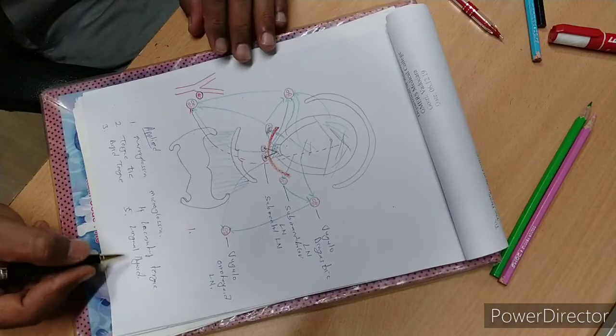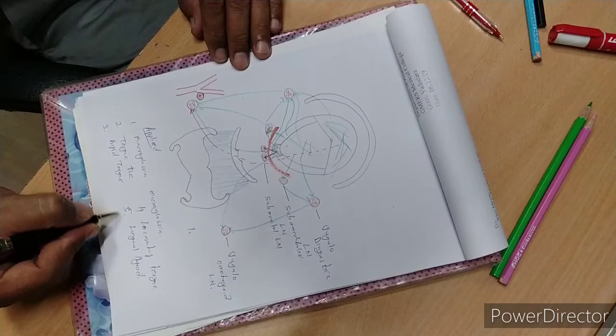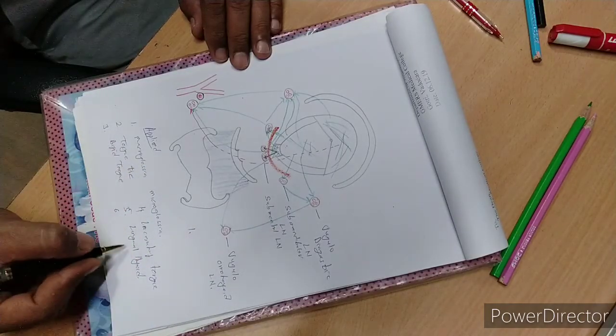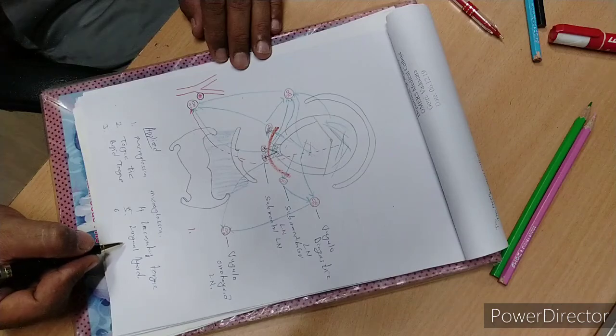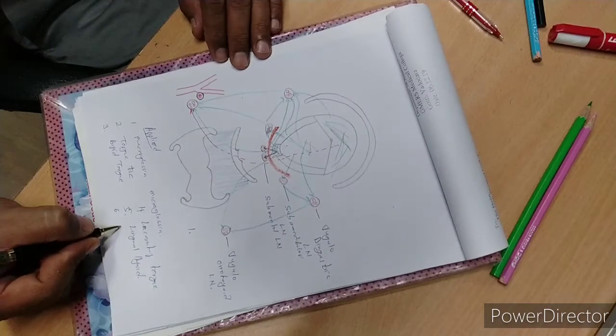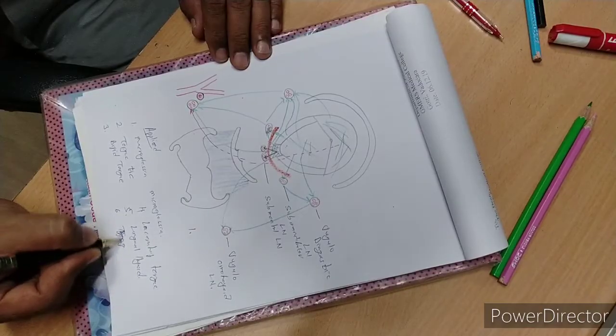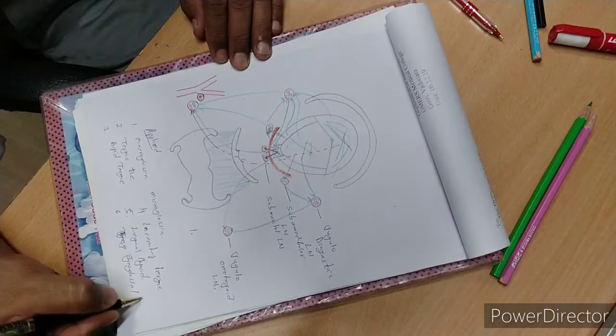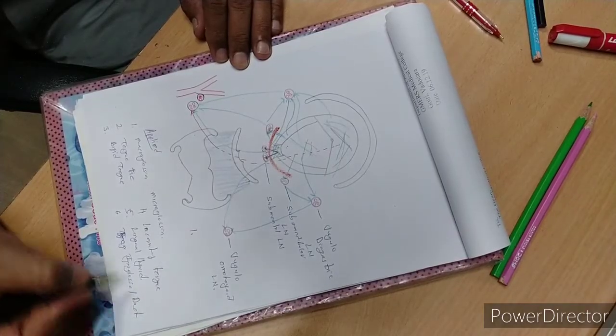Sometimes the foramen cecum persists, and the thyroglossal duct continues and opens at the foramen cecum. So it is the persistence of the thyroglossal duct at the foramen cecum.